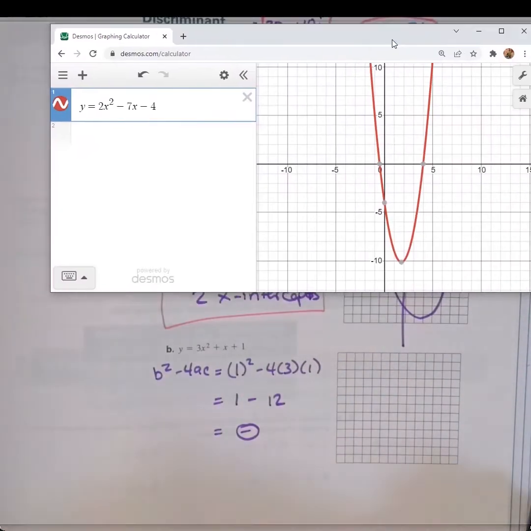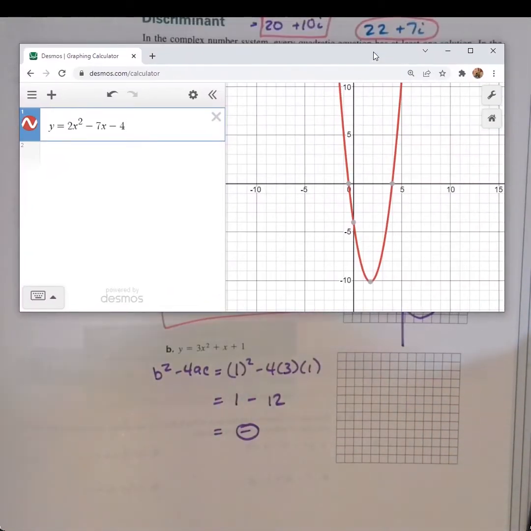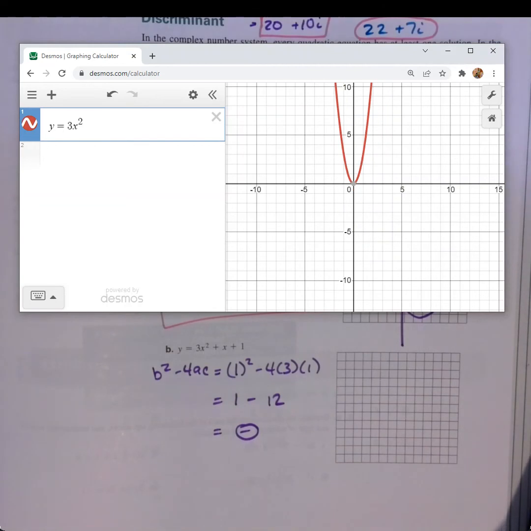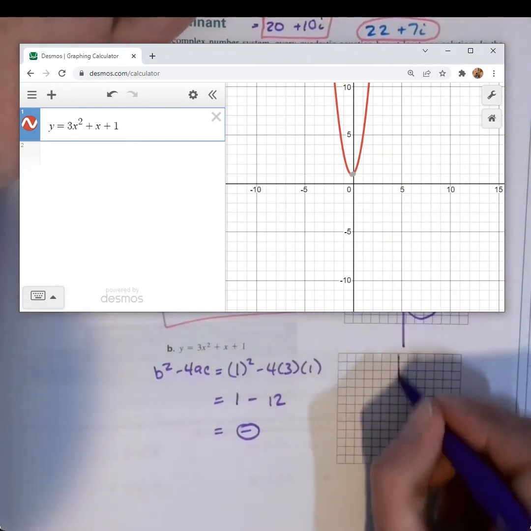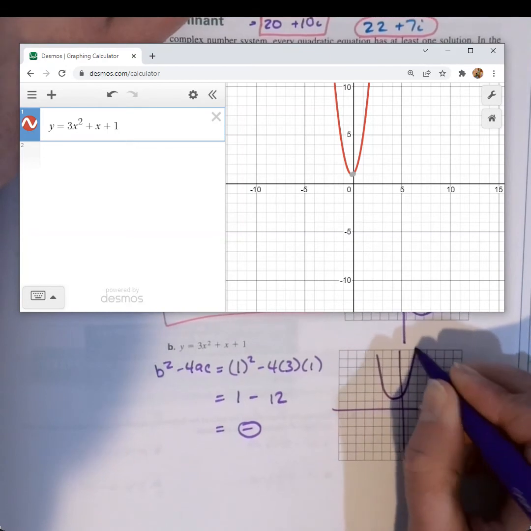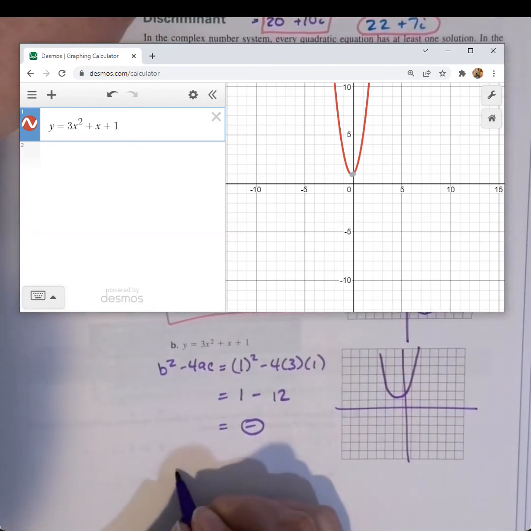So if I look at the graph of this equation, this one was y equals 3x squared plus x plus 1. Okay, so if I graph this one, I will see that there are no x-intercepts.